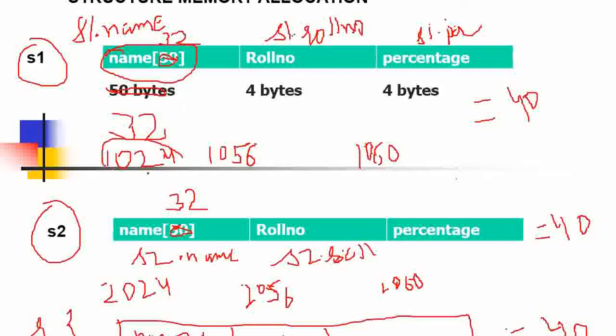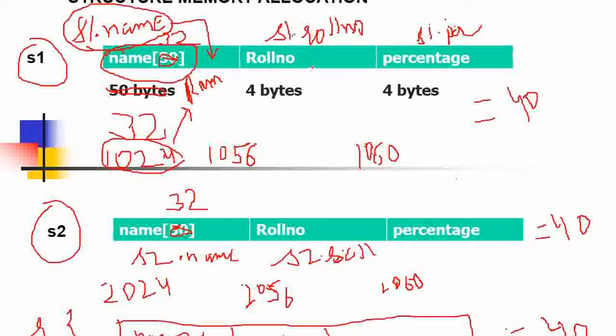So at this memory location we need to store the name. Whatever we write, let's say I write Ram, Ram will be stored at this memory location. You don't need to remember this number; whenever you want to access Ram, you write s1.name. So Ram will be accessed.